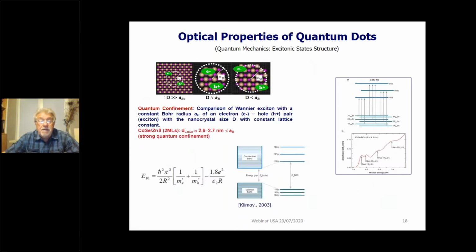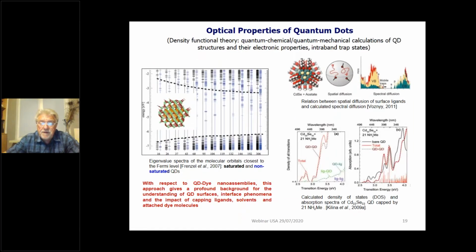Typically, in the basic quantum theory of quantum dots, such trap states are not taken into account. For pure quantum dots, from the quantum mechanical situation, we have pure excitonic states in the conduction band and the corresponding levels in the valence band. But the trap states may play a significant role, so we should take into account the formation of these traps.